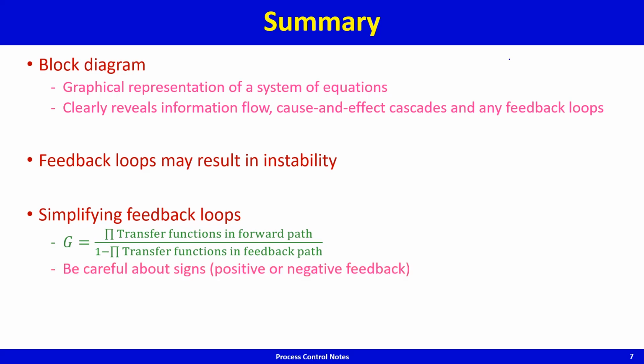One has to be careful about signs. In negative feedback loops, typically this will become positive because minus minus makes it positive. In positive feedback loops, it will remain minus.